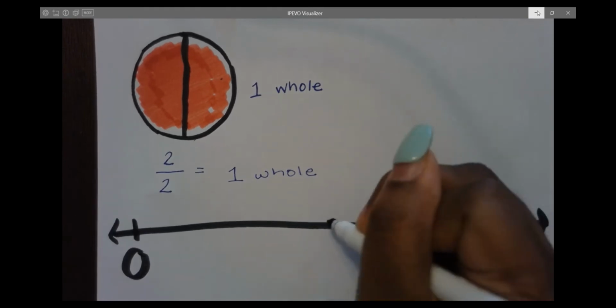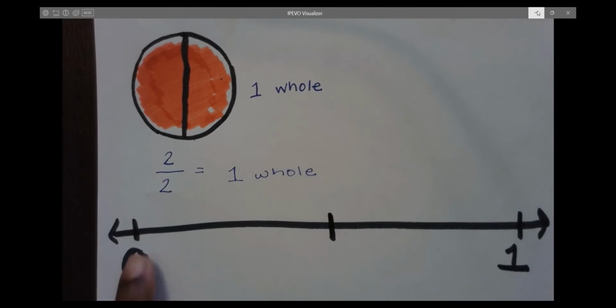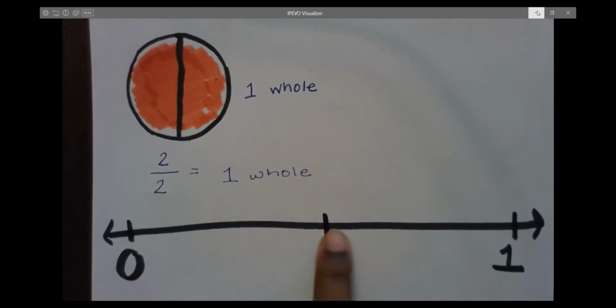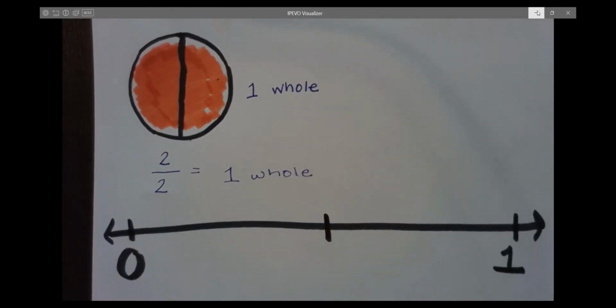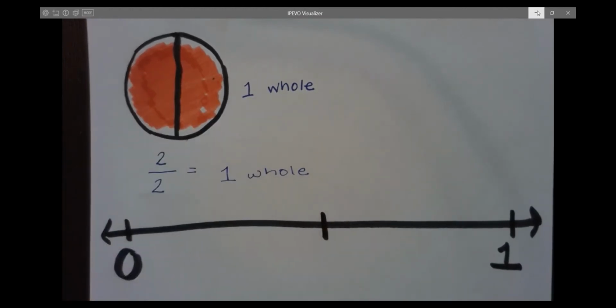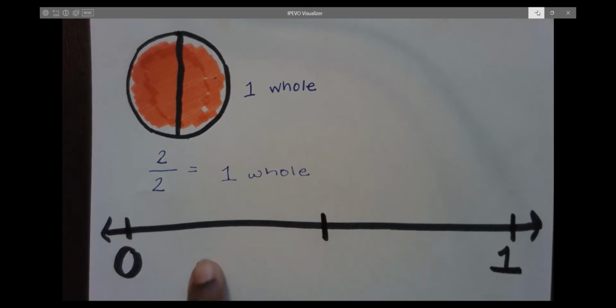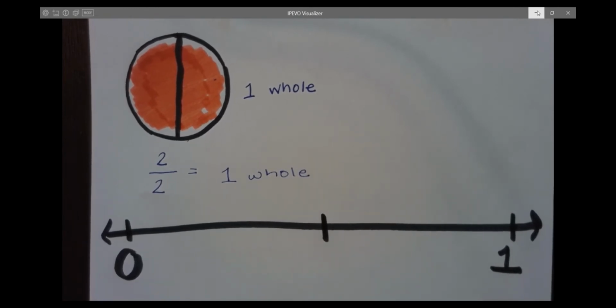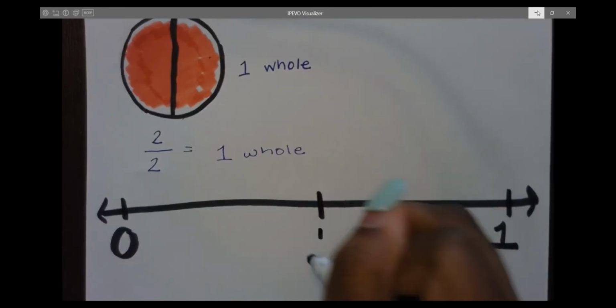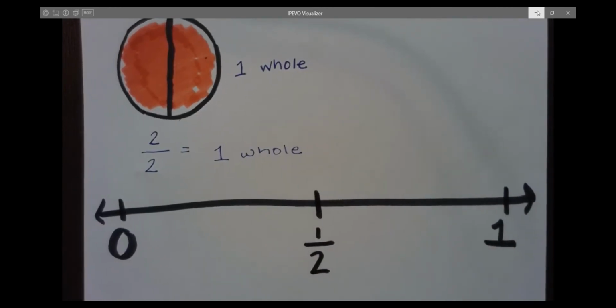That's right, 2 parts. So I'm going to go ahead and break it. Now I have 1 part here and another part here to have 2 parts, because we have 2 pieces. Now, what do we label this fraction right here if we broke it into 2 parts? That's right, this is 1 half, or 1 over 2.